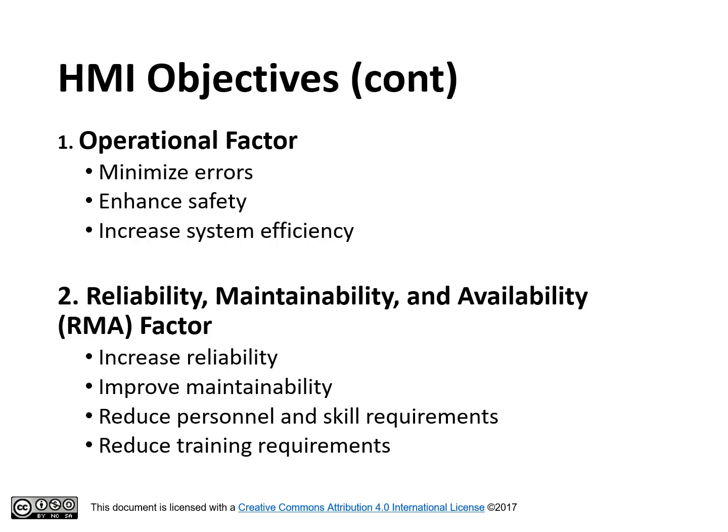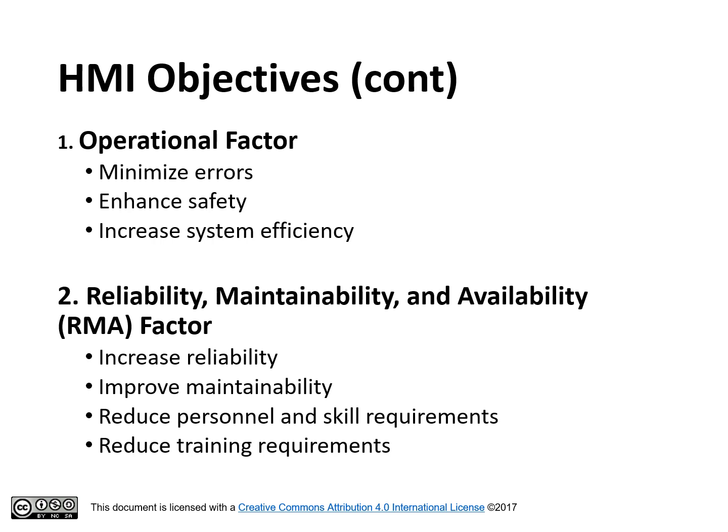Merriman and Adams describe an effective HMI as a result of applying human factor design criteria and methodologies. Furthermore, they specify the following HMI objectives, which are categorized and based on human factor engineering. Number 1, operational factor.